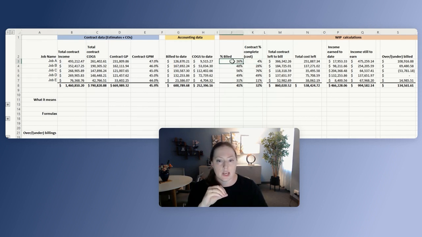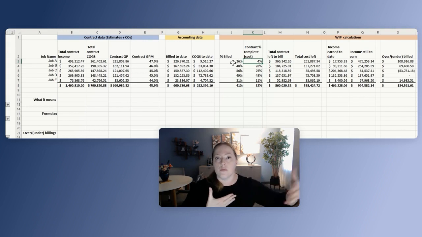So whenever the percentage of how much you have billed is more than the contract completion, that means that you have overbilled. So when you're overbilling, you're getting a lot more money up front than what the cost has come through yet.